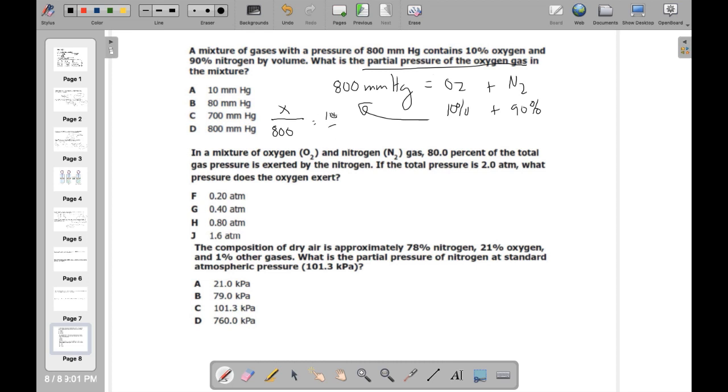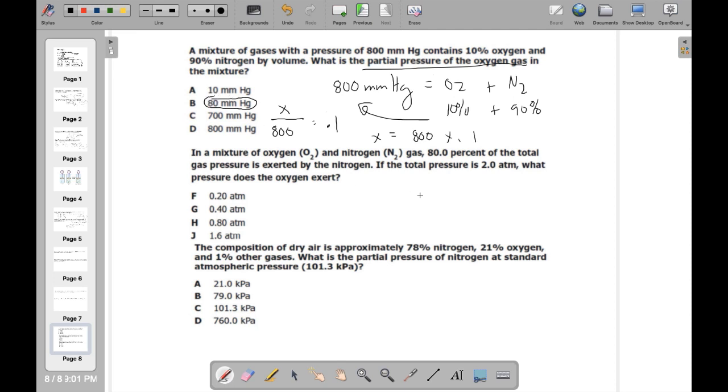And if I take 10 divided by 100, I'm going to get 0.1. Essentially what I'm going to do is turn that percentage back into a decimal. Now I just have to say, well, x equals 800 times 0.1. And if I do that math, I'm going to get 80 millimeters of mercury.